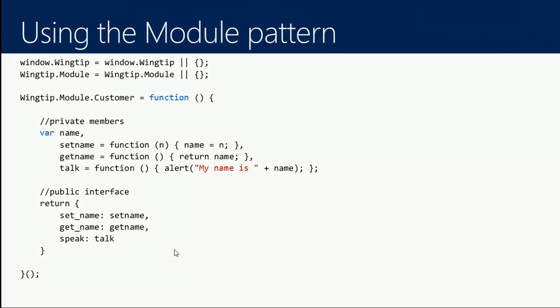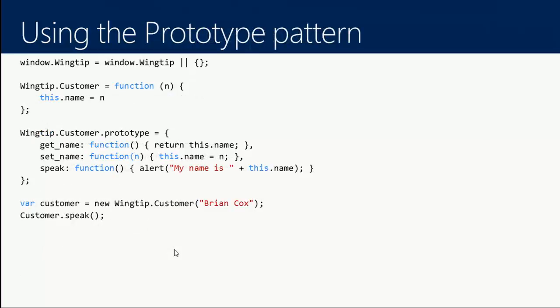And a lot of developers like this. I like this pattern a lot, because you get that public and private interface, which feels really comfortable to me as an object-oriented programmer. But we can get even more pseudo-object-oriented by using the prototype pattern. The prototype pattern gives us a constructor, which is this base function up here, wingtip.customer equals a function. And typically in the constructor, what you do is define the member variables of the object, in this case, name.